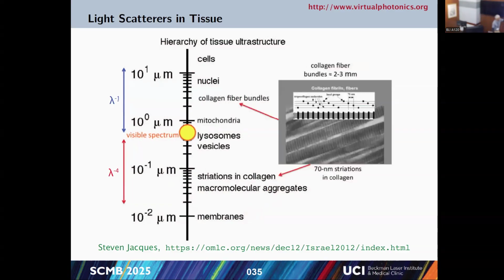So these are pictures of collagen, where you have this banding structure due to the repetition of certain protein residues in the collagen fiber. It tends to be actually very tightly organized, especially in the cornea, like 64 to 68 nanometers. And then the bundles themselves aggregate on the micrometer spatial scale. So all of these give rise to very unique features in scattering.